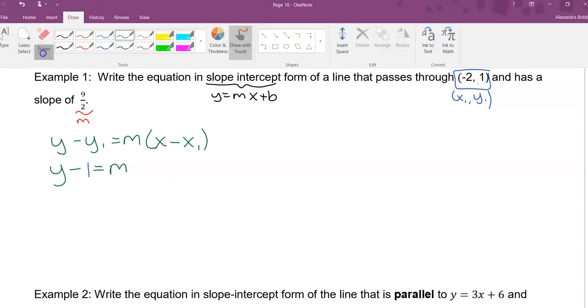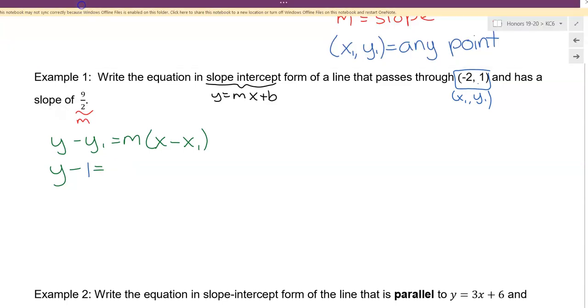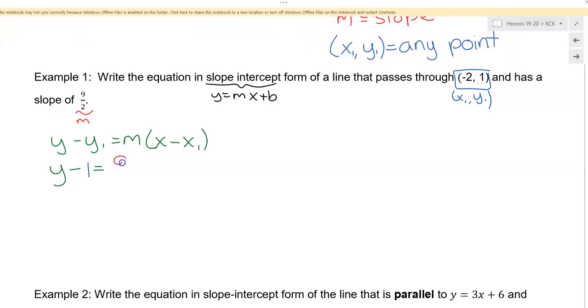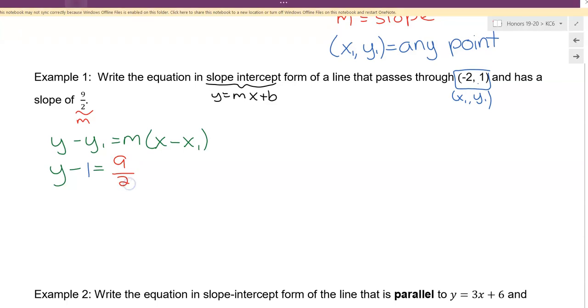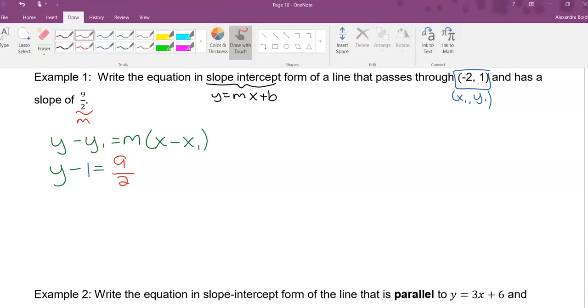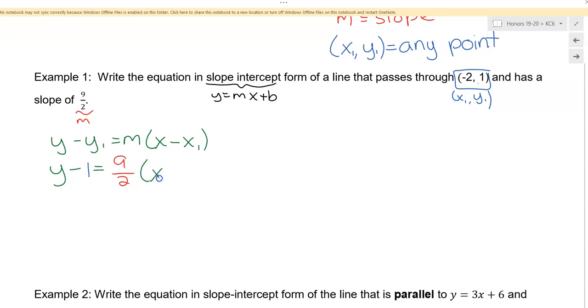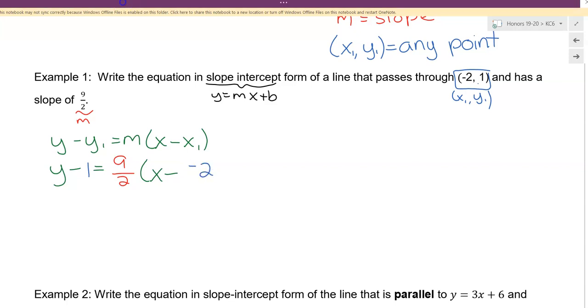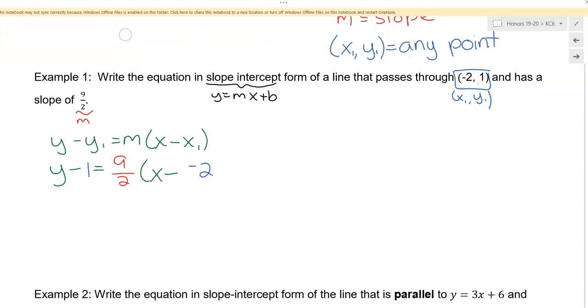No, we know m. Sorry, erase that. Then my m is 9/2. X minus, and our x1 is -2. Be careful, this is just like when we did our slope algebraically. If you have two negatives, you need both negatives, because then it changes to plus, right? A negative times a negative is positive.